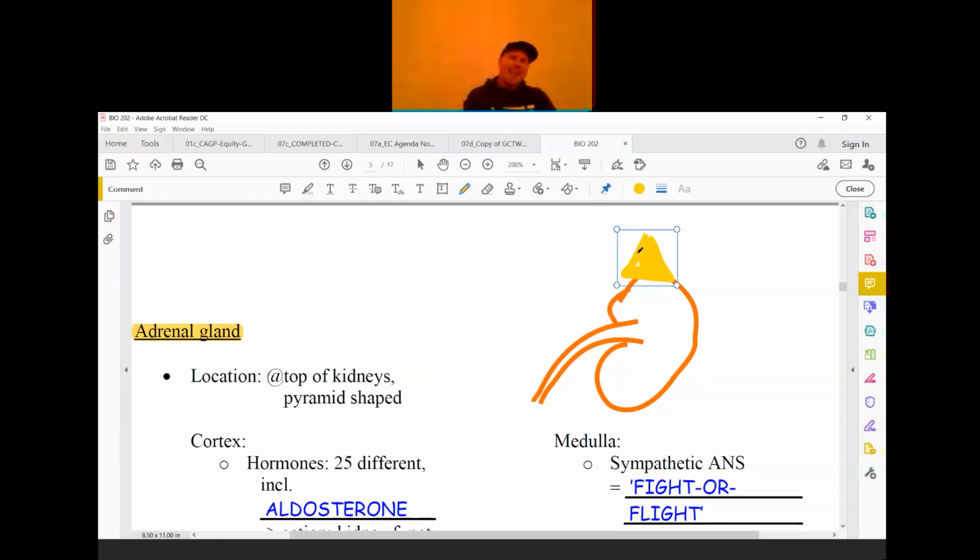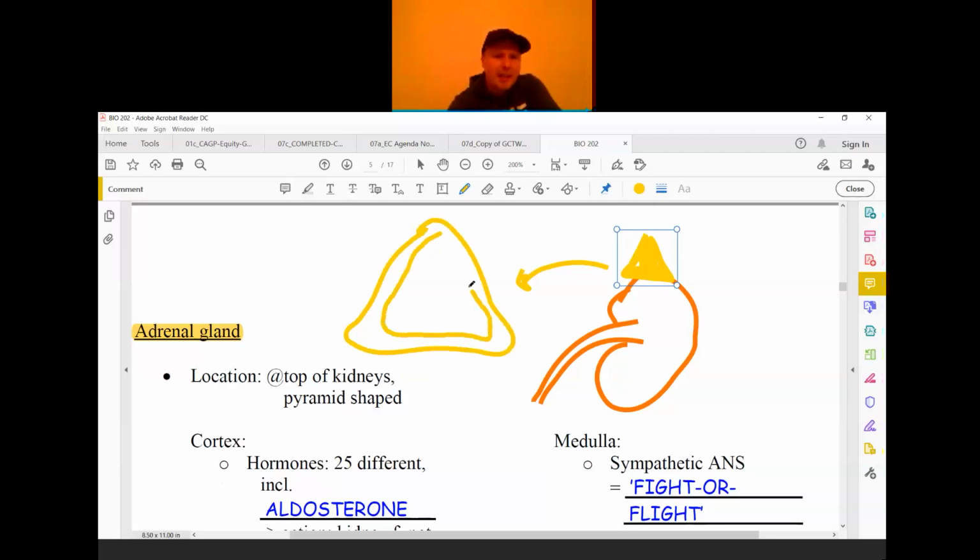And we're going to look at the adrenal gland in a way that considers two different distinct parts of it. What I'm drawing here is a cross-section of an adrenal gland, and you'll notice that the outermost part is, of course, going to be our cortex. We've seen cortex already when we talked about the brain.